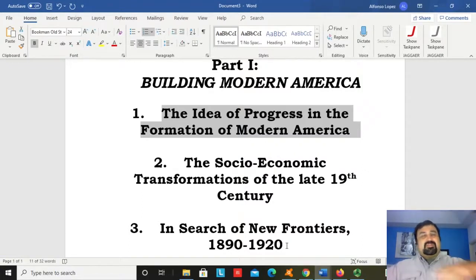But all of this is going to start changing with the coming of the new technological tools that are innovated, introduced in the late 19th century, that together are going to start shaping American society in a whole new way, in that it is becoming modern. This is what, again, generally speaking, we call modernity.